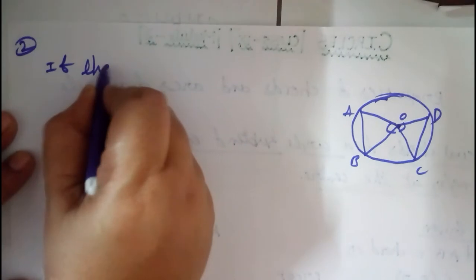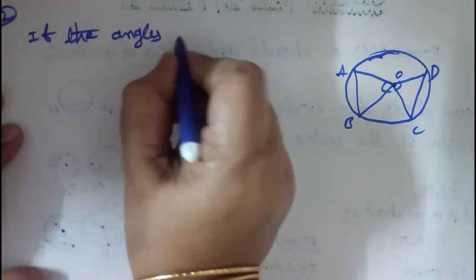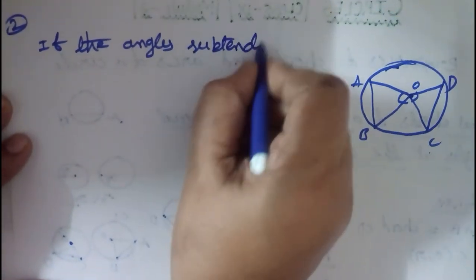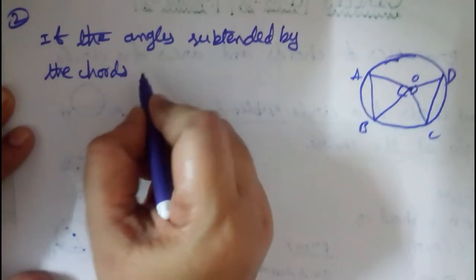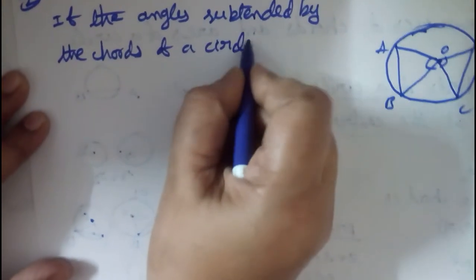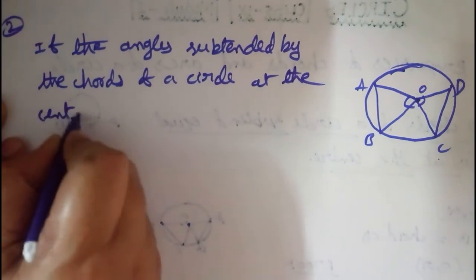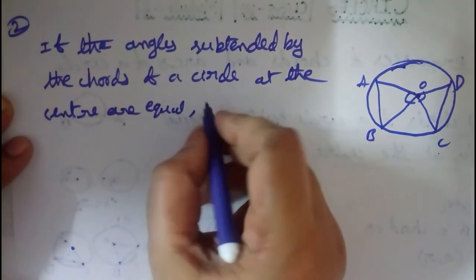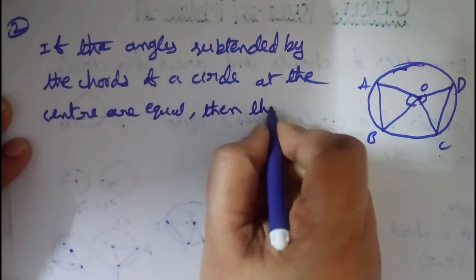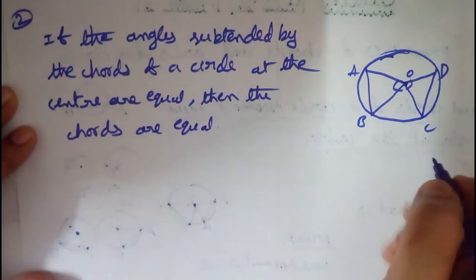Second property: if the angles subtended by the chords of a circle at the center are equal, then the chords are equal. This is the converse of the previous statement.